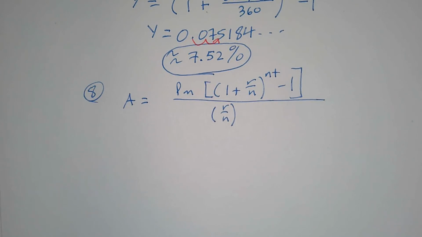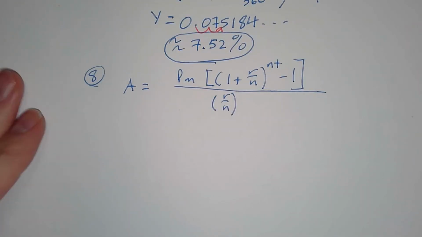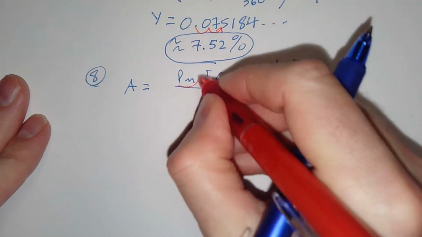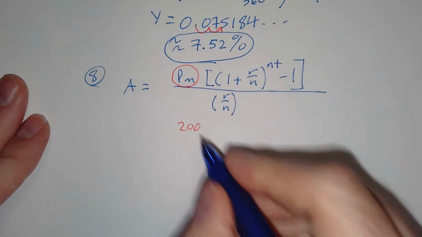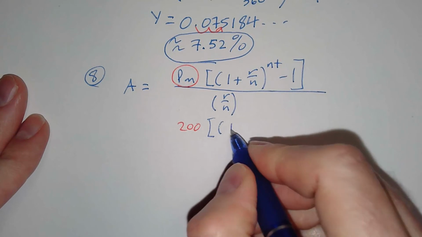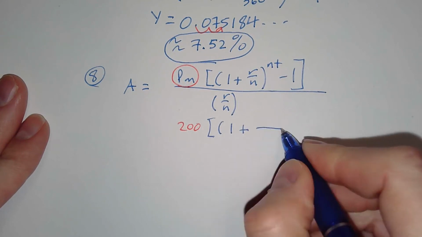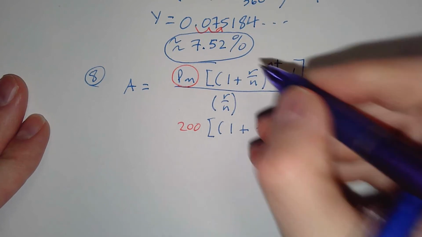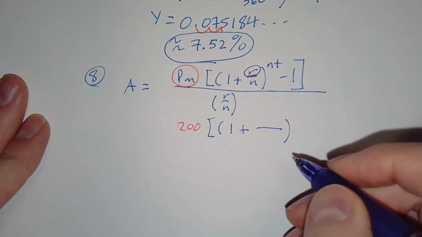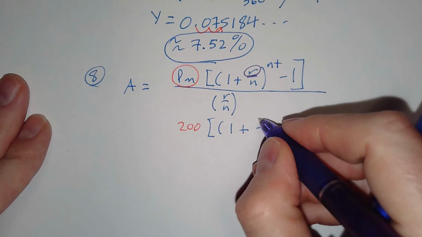Alright, so if we're looking at this problem, we know that she's putting $200 in a month. So P sub M is going to be our 200. They tell us what the interest rate is. R here is 9%, so write that as a decimal.